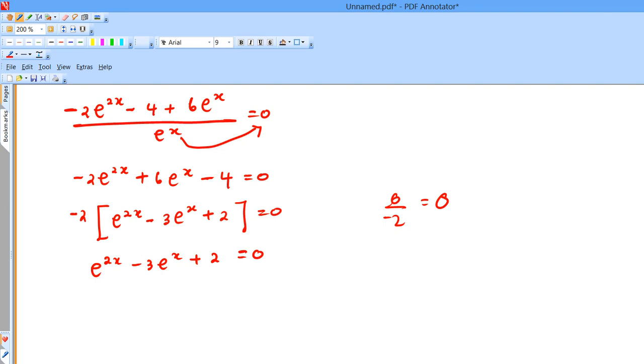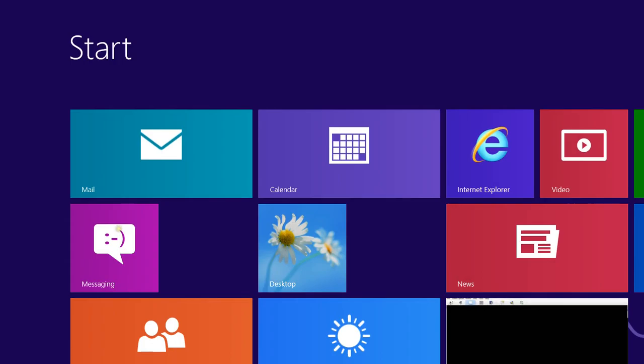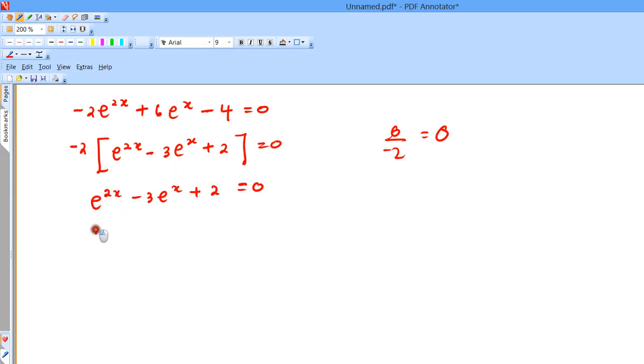Okay, next we need to factorize this equation. So you can let y equal to e power of x, and then we get y squared minus 3y plus 2 equal to 0.